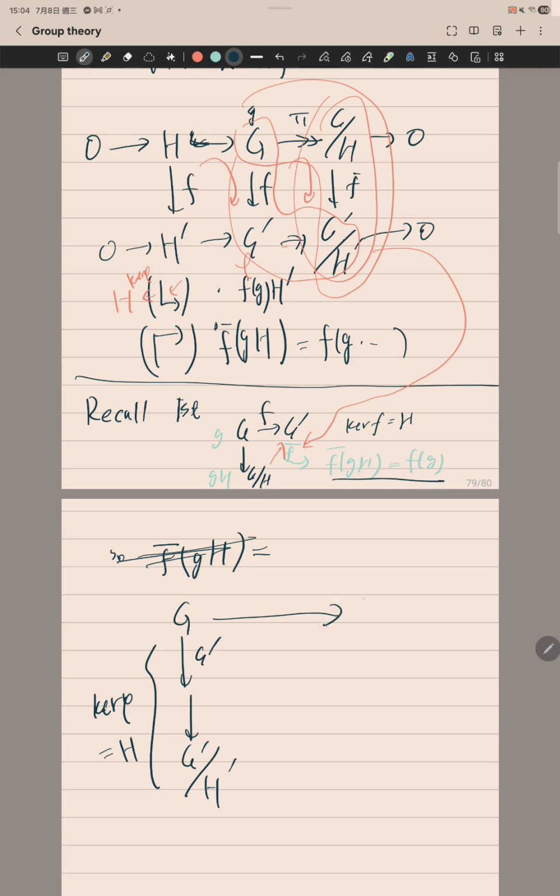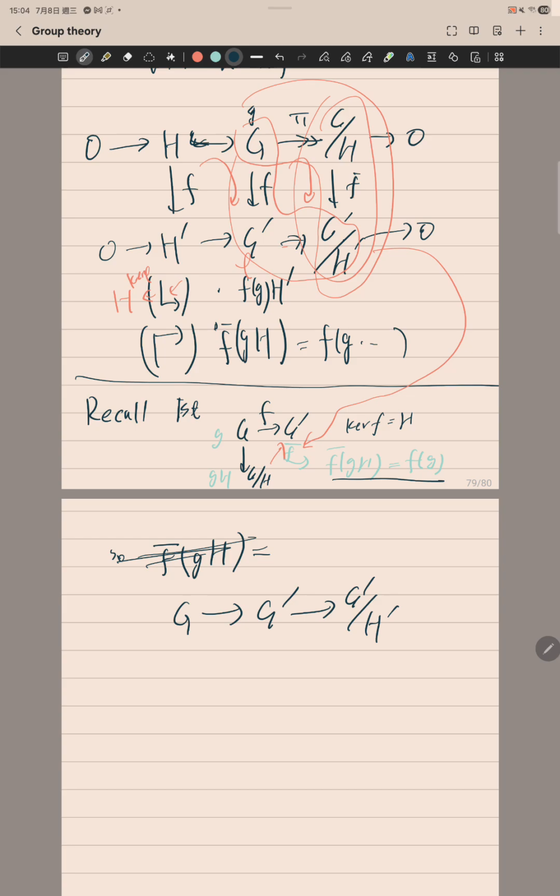Sorry, let me just redo it again. This whole map phi has kernel H. So by the isomorphism theorem, I have G quotient H, and this map here is our f bar.